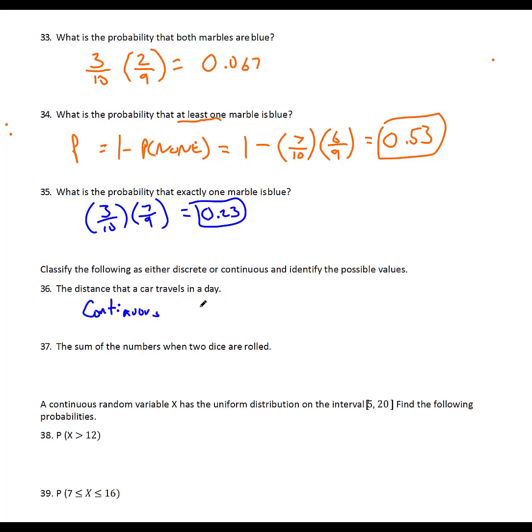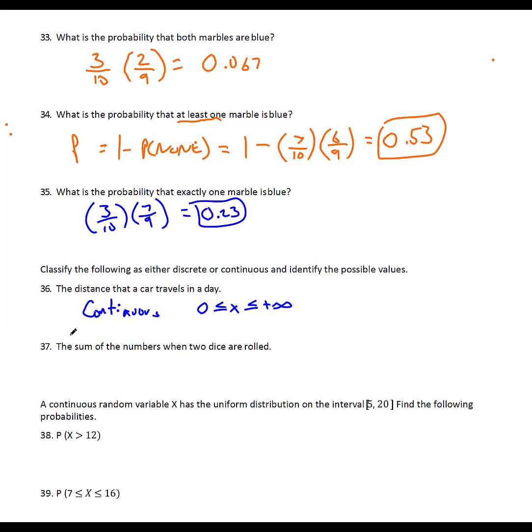And if you're going to drive in a day, you can say from 0 is less than or equal to whatever x value you get, which is less than or equal to positive infinity. So you can go anything from where it starts to wherever it ends.